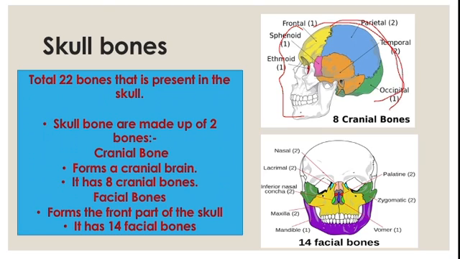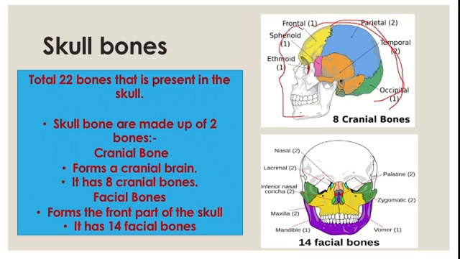The part from our eyes to our lower jaw is our facial bone, and the cranial bone is our head, the back of the head. How does the cranial bone help? It helps us to form the cranial cavity that holds the brain.